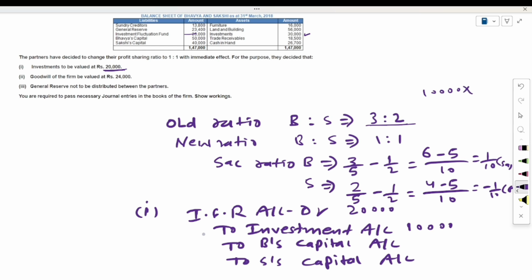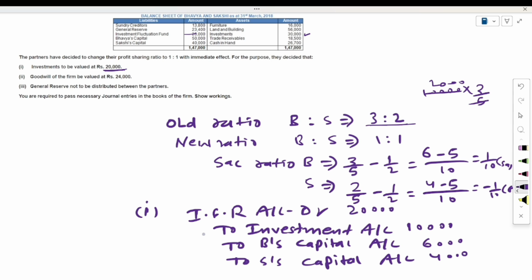It means 10,000 in 3:2. The first partner will get 6,000 and the second partner 4,000. So you will pass this entry for the investment fluctuation reserve. You can also write the narration: being investment fluctuation reserve adjusted and remaining balance credited to the partners' capital.